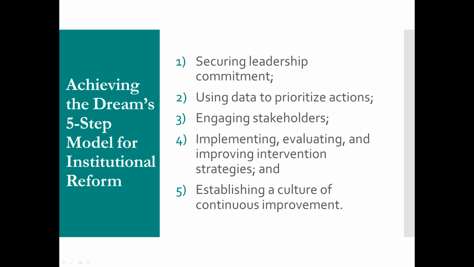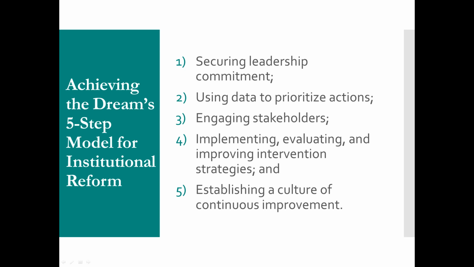Therefore, participating colleges were expected to implement a 5-step process of institutional reform. The first step is securing the leadership commitment, and then using data to prioritize actions, engaging stakeholders, implementing, evaluating, and improving intervention strategies, and finally, establishing a culture of continuous improvement.